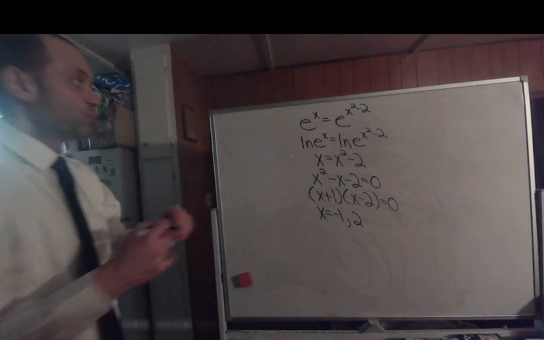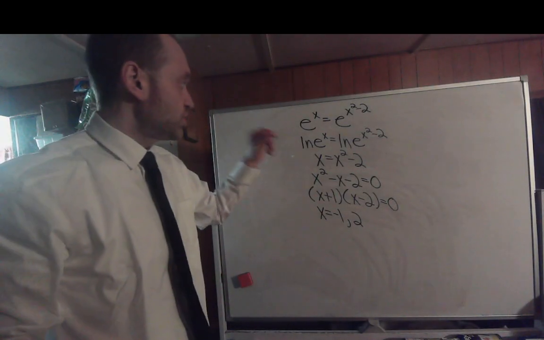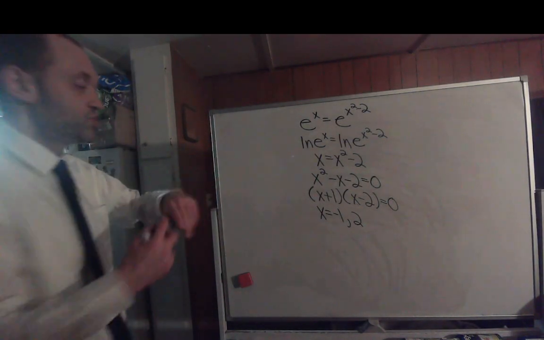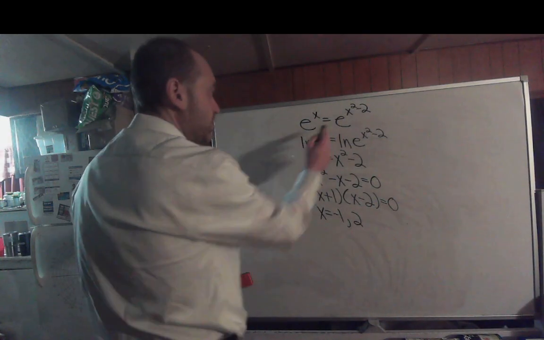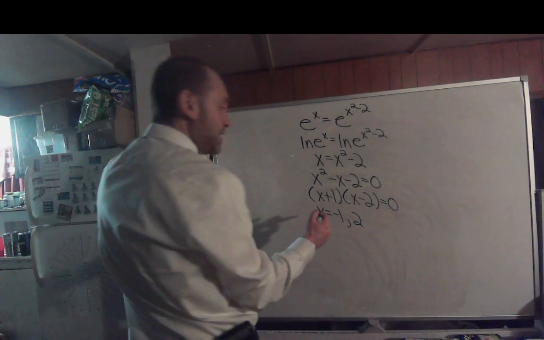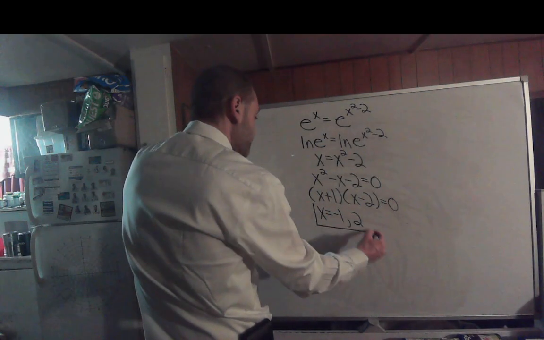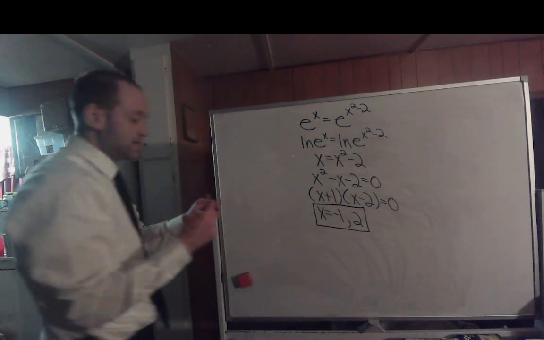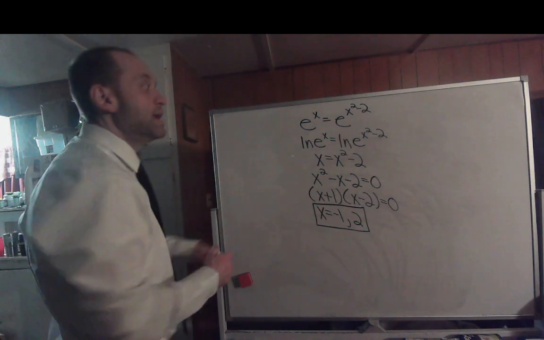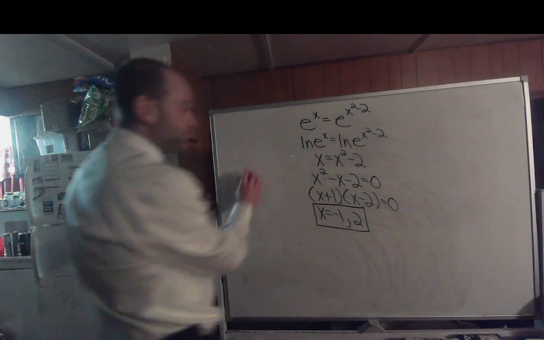Let's just make sure we don't have an extraneous solution. You don't, they both check. If you put each x value in, the left side matches the right. So you actually have 2 solutions here where x equals negative 1 and 2. Got 3 more. We're coming down to it.